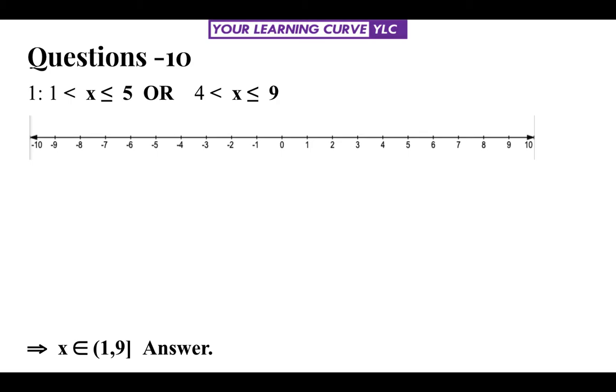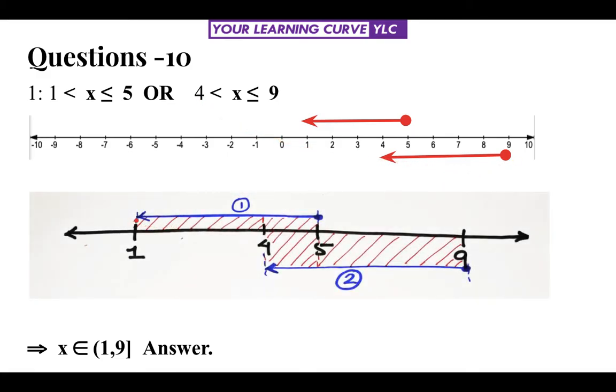So we plot the number line and plot the first inequality, the interval 1 to 5, 1 excluded, 5 included. The second inequality is 4 to 9, 4 excluded, 9 included. Now we see which x we can take as our answer.